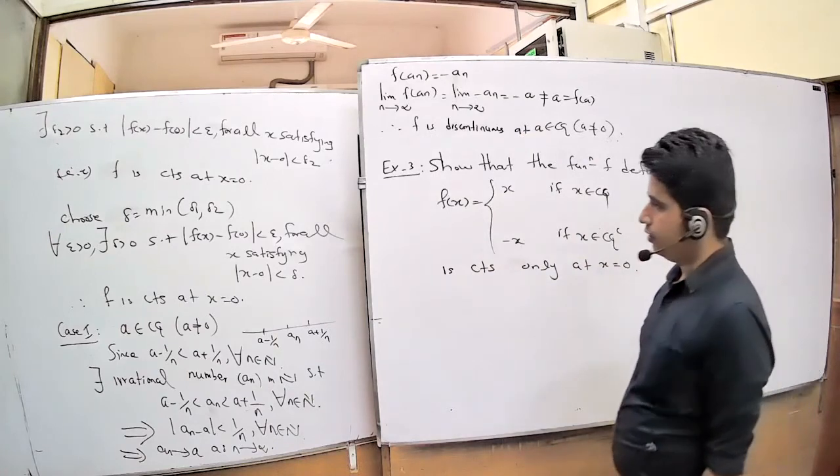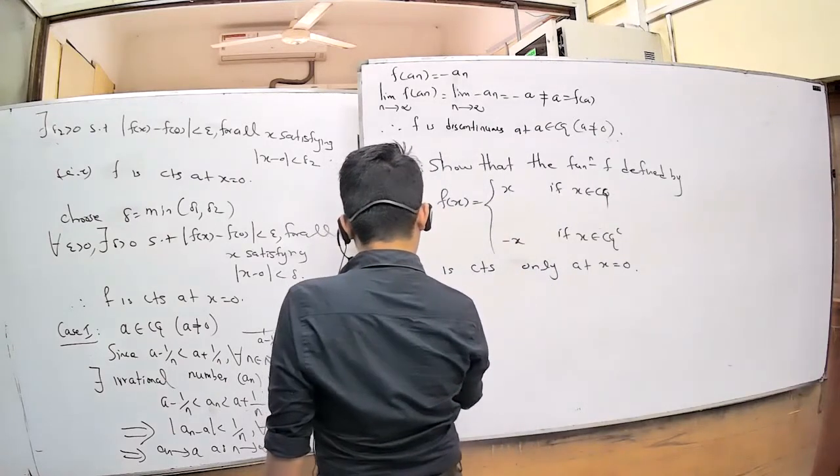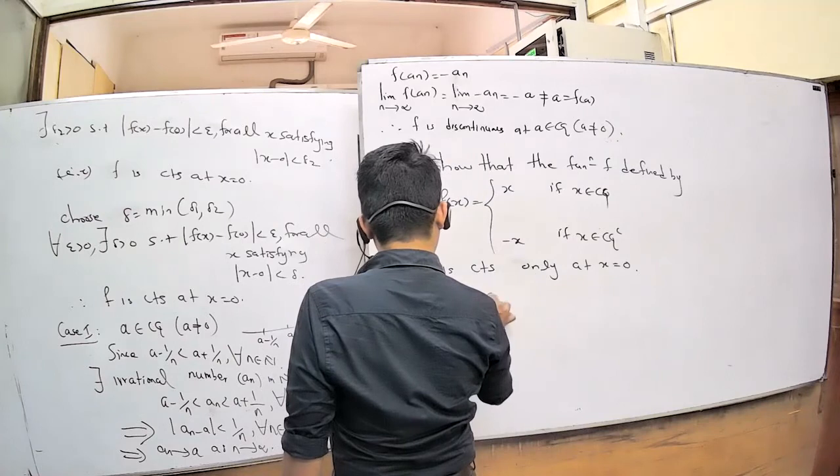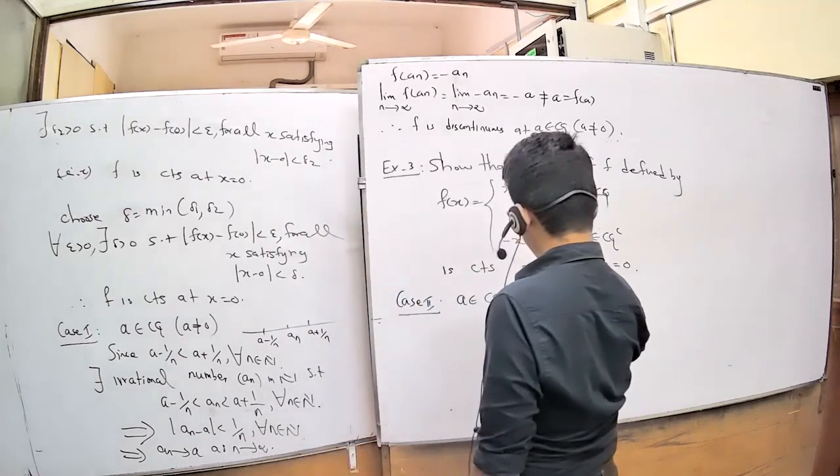Now for case 2, you assume that a belongs to the irrational numbers, also with a not equal to 0.